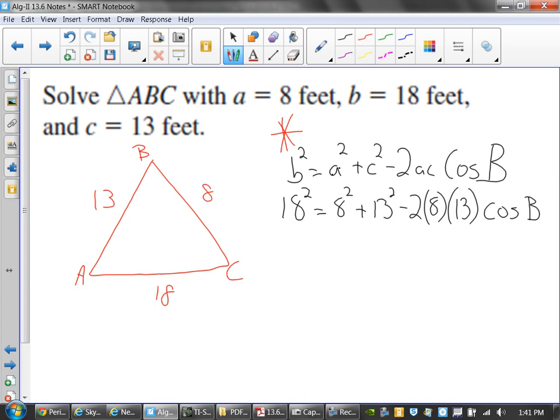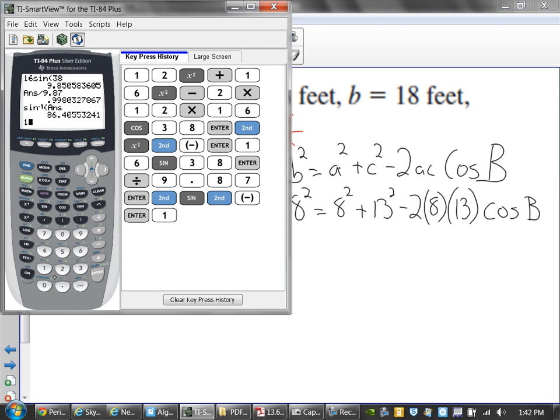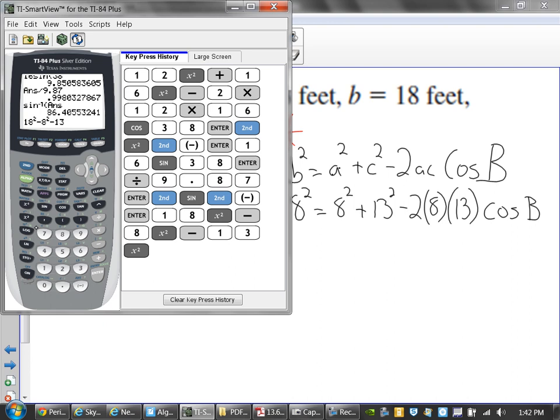Does everybody agree that in order to move the 8 squared and the 13 squared, you're going to have to subtract them? In my calculator, I'm going to type in 18 squared minus 8 squared minus 13 squared and hit enter. I got 91. Are we okay with that?